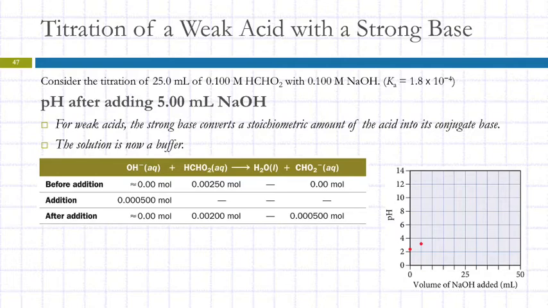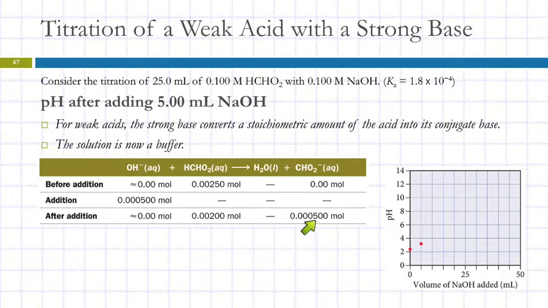Add 5 milliliters of the sodium hydroxide. So now we need to do one of these before and after tables. We started with 0.00250 moles of our acid. We added 0.000500 moles of hydroxide. That's going to react with the acid, so that's going to reduce this number of moles to 0.0020 moles.